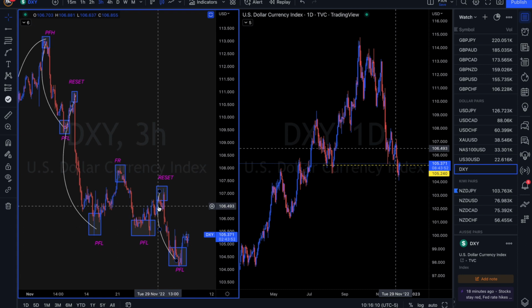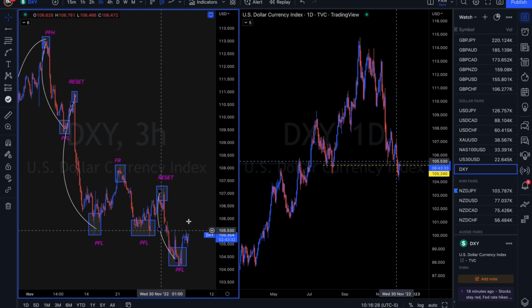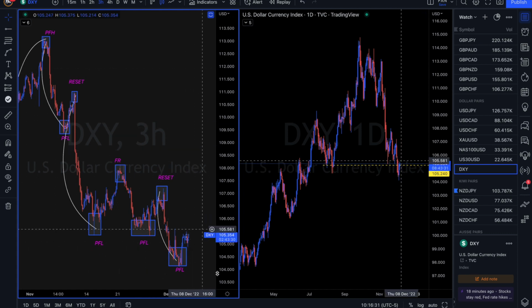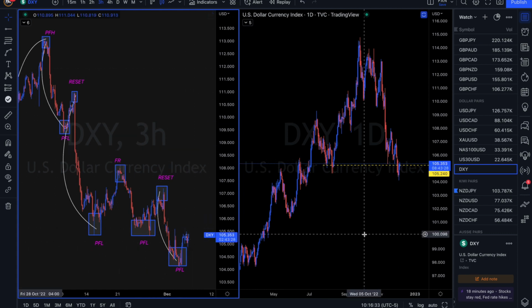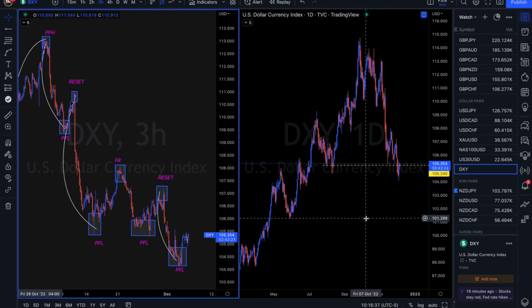And honestly, I think this is probably going to last until we get to the Fed chair announcement for interest rate hikes on the 14th of December, which, depending on which way they go, could help us determine whether we're going to go back up or back down. For right now, though, the way this is looking is dollar strength.